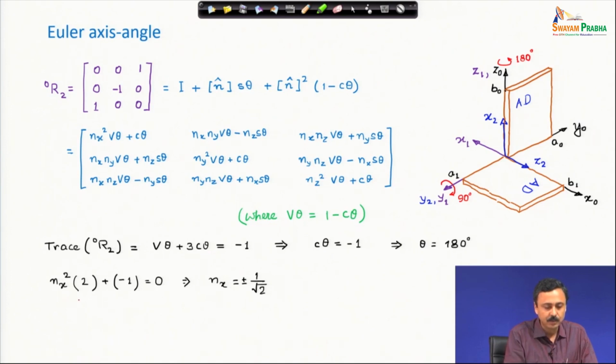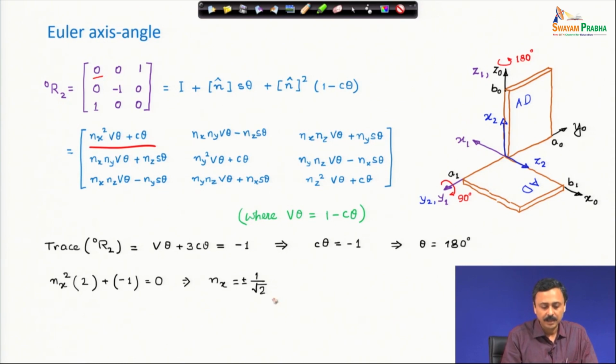For example, nx square, say this element, is verse theta times nx square plus cos theta. The first element is 0.